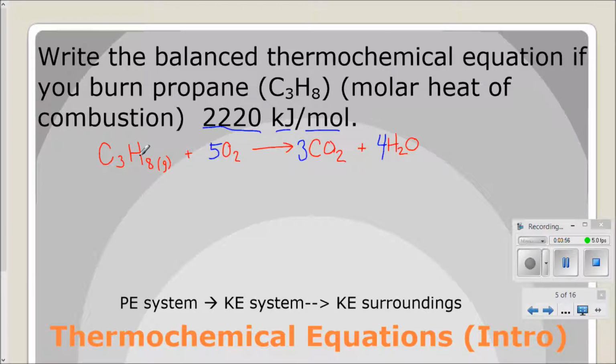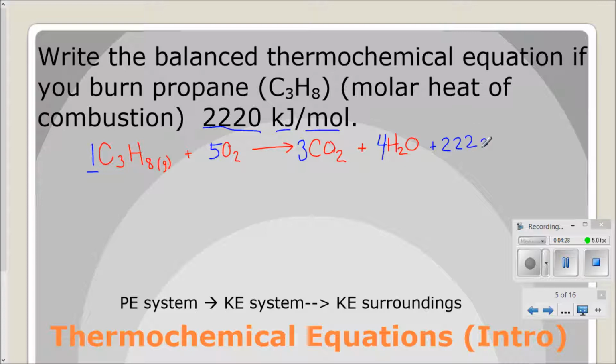If we look at our balanced chemical equation, we have a coefficient of 1 in the front. That means that for every 1 mole burnt, we produce 2,220 kilojoules. This is exothermic because we know that combustion releases heat. So I'm going to put this term right into my balanced chemical equation, and that's how it becomes a thermochemical equation, just by including this term.